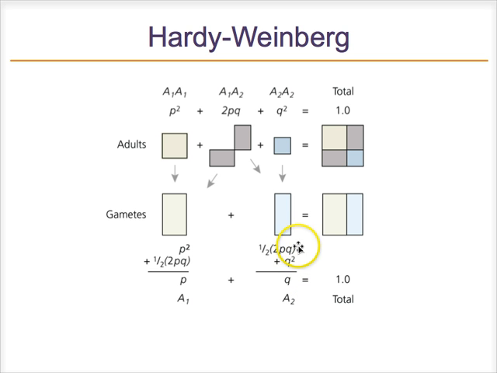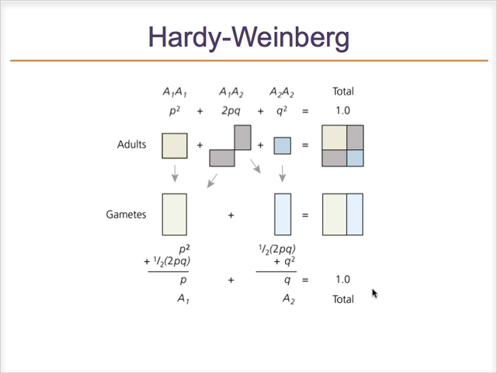And if I take half of the genotype frequency for the heterozygotes plus all of the genotype frequency for the A2 homozygotes, I get this term q, which gives me the frequency of A2 in the next gene pool. And if I add the frequency of the A1 allele to the frequency of the A2 allele, I should have all of the alleles in my population, and that should equal 1.